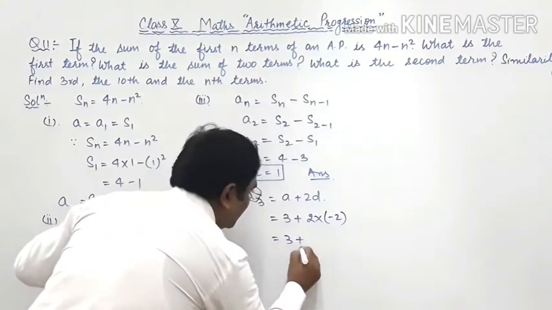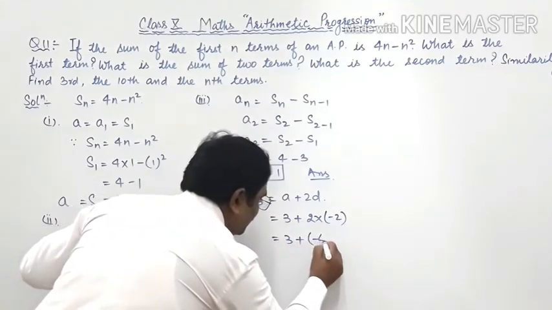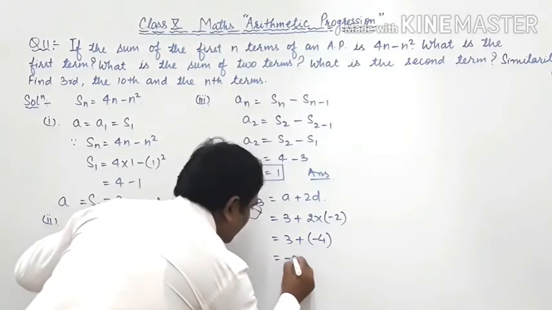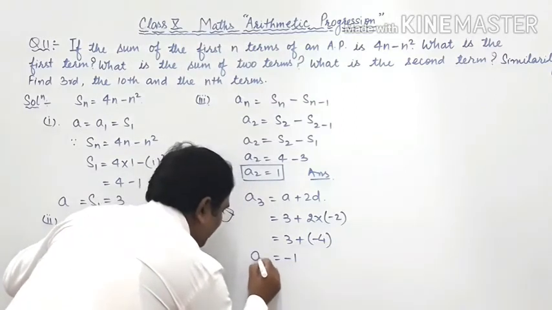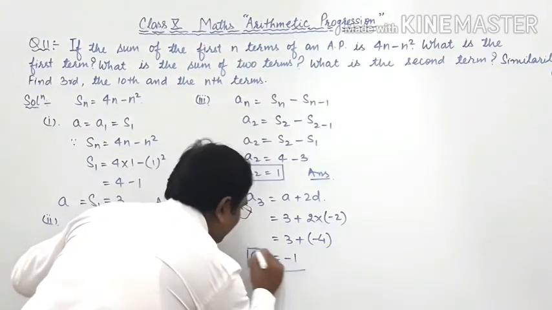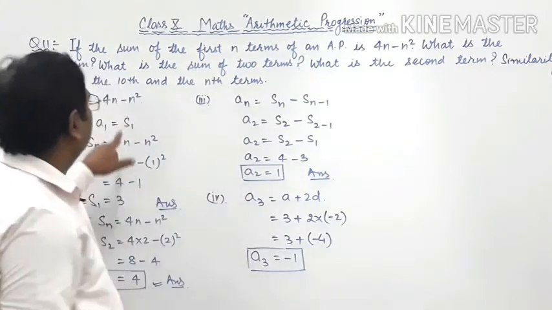Therefore, 3 plus 2 2s are 4, minus 4, which is equal to minus 1, is the value of A3, right? Third term it is asking.